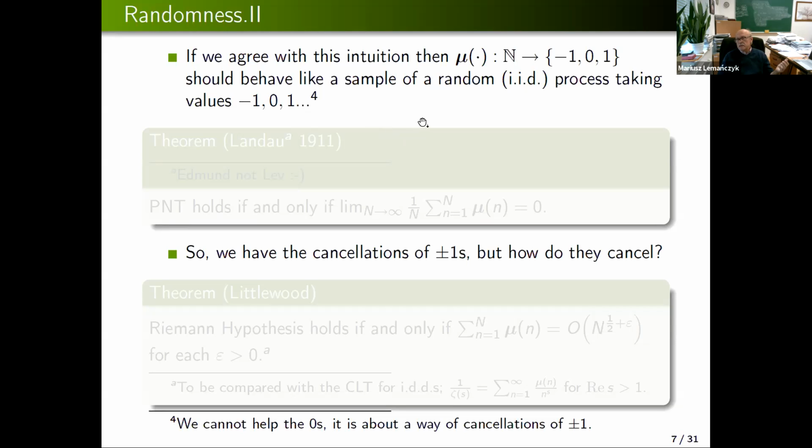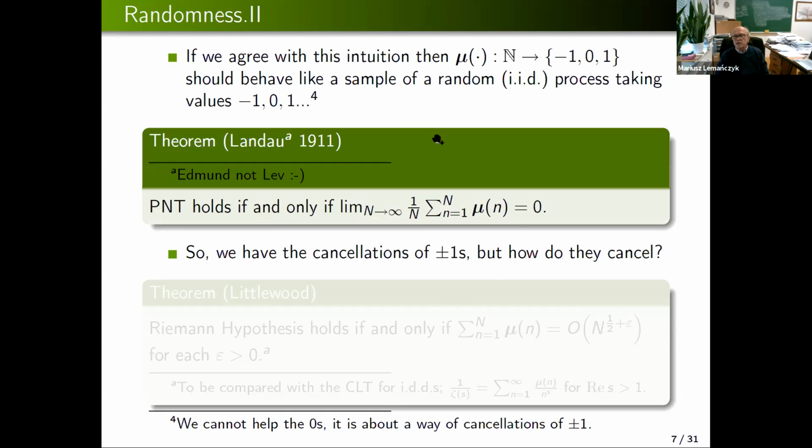But besides that, relatively to this, we should observe the behavior of a sample of an IID process. This should be expressed by the fact that besides 0, I have -1s and 1s. So intuitively, I would like to see that the number of +1s and -1s are approximately the same.